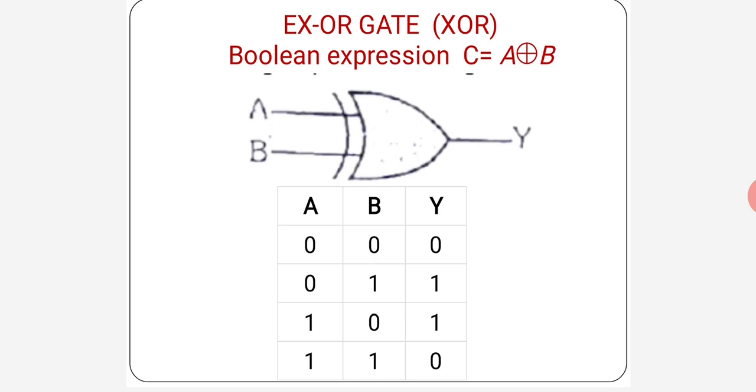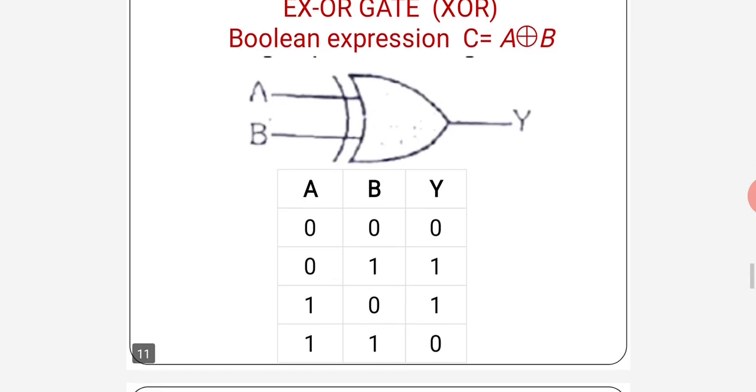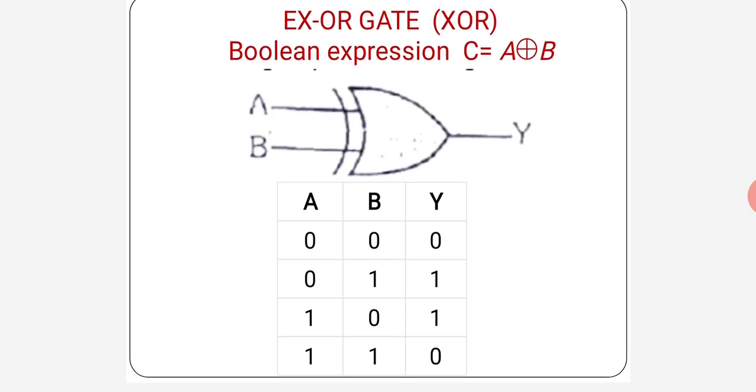When you look at the Boolean expression, we have C equal to A exclusive OR B. It's pronounced A exclusive OR B. So you see that circle with plus sign inside is called exclusive OR. That's the sign. Now, that letter C can be anything. It can be Z equal to A exclusive OR B.